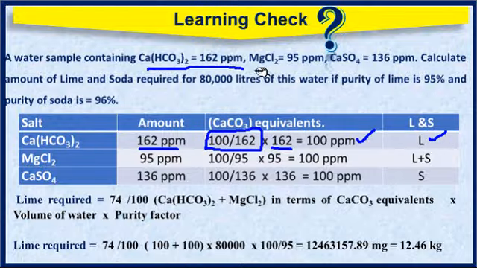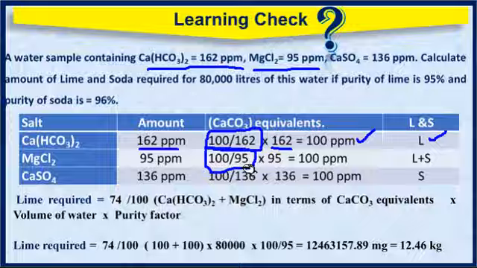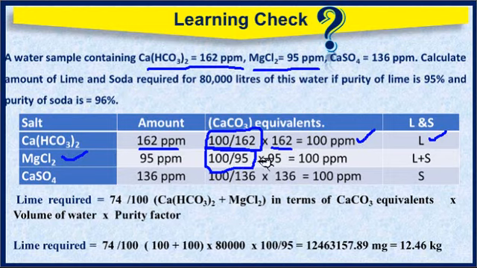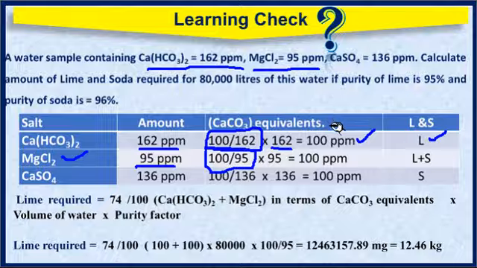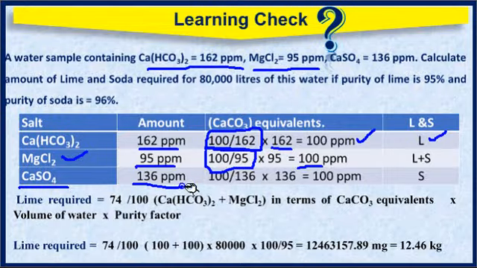Second salt given in the numerical is magnesium chloride, 95 ppm. The multiplication factor of magnesium chloride is 100 by 95, as 95 is the molecular weight of magnesium chloride. This is multiplied by the amount of the salt given to calculate the calcium carbonate equivalent. So the answer is 100 ppm. Similarly, calcium sulfate amount is given as 136 ppm.